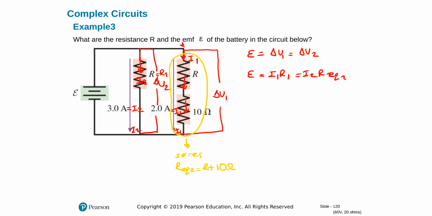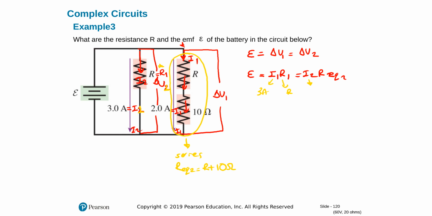Right? Now here's what I know. I know I1, 3 amperes, R1 is R. I know I2, I messed up the currents. Let me go back and rename that. I call this R1 here, so I'm going to rename this to be I1. Just renaming, no worries. And delta V1.